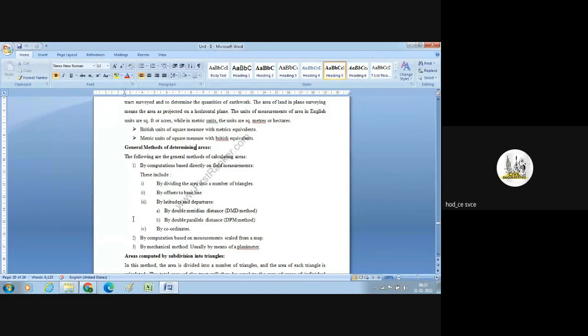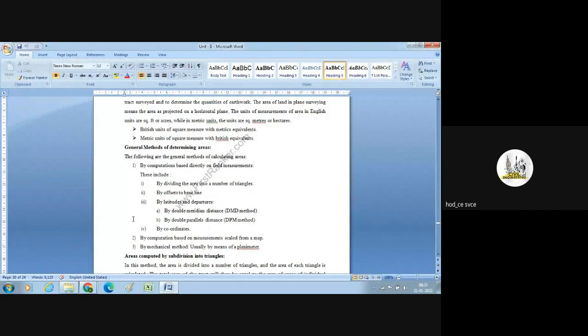If you know the coordinates, you can pick out where the point is, based on the meridian lines, x or y. They give the coordinates for each and every point, and based on that you can easily form your triangles and calculate the area. So this is easy.